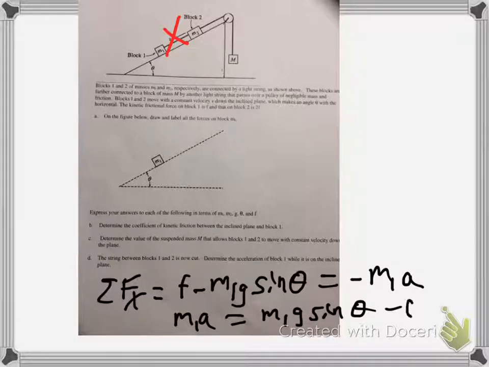Okay, you don't really have to do that. I just wanted to. But it does help me get rid of that negative sign for A, which is nice. And now all I really need to do is to divide by M1.